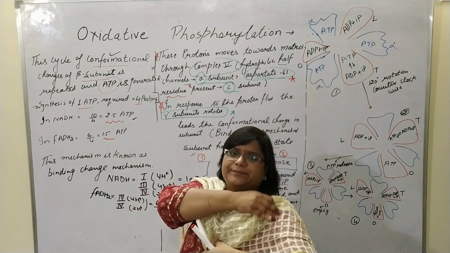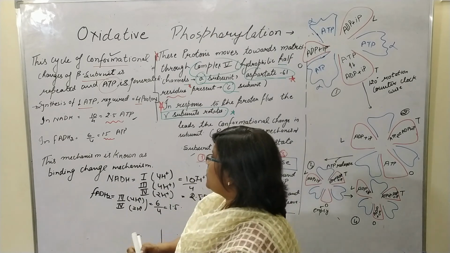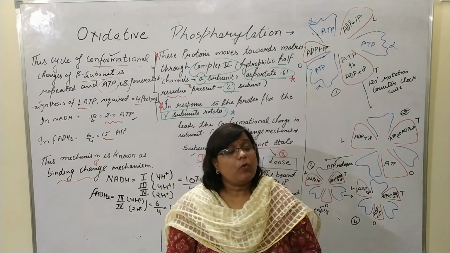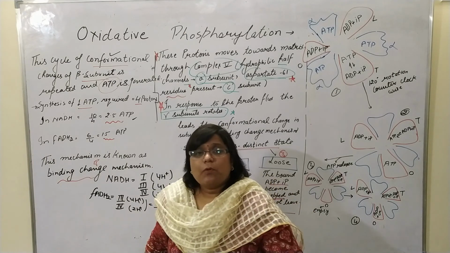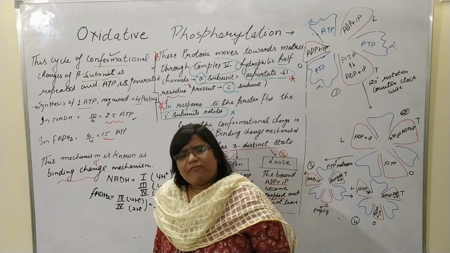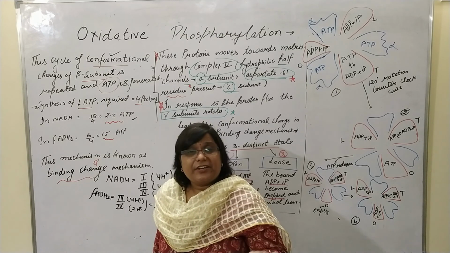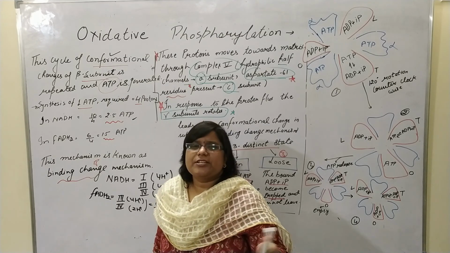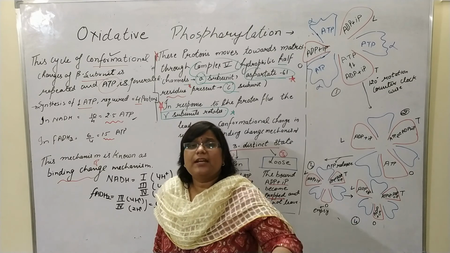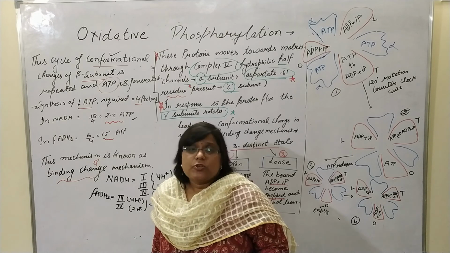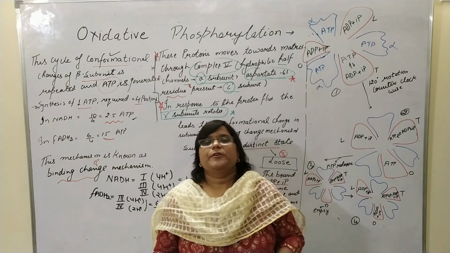This complete mechanism is known as the binding change mechanism, and complex 5 is known as the smallest molecular motor. Why is it so? As you have seen, generation, synthesis, and rotation, so many things take place in complex 5. That's why it is the smallest molecular motor.